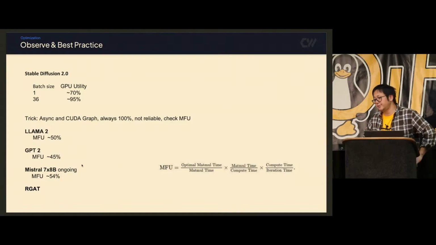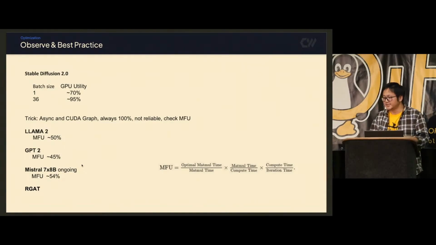If you enable ASIC and CUDA graph from the CUDA layer, you could see the GPU utilization always at 100%. But that's totally meaningless at that point. So after that, we decided to move to check the MFU, the model FLOPs utilization.